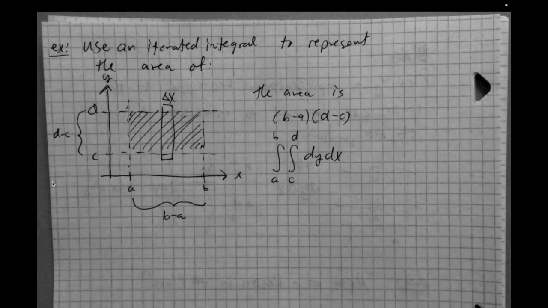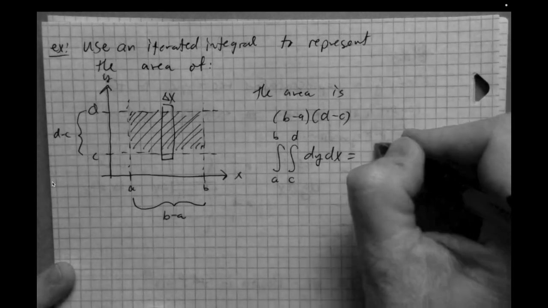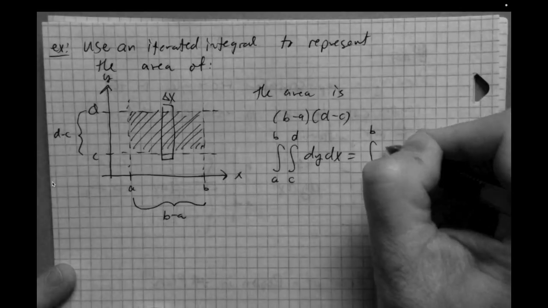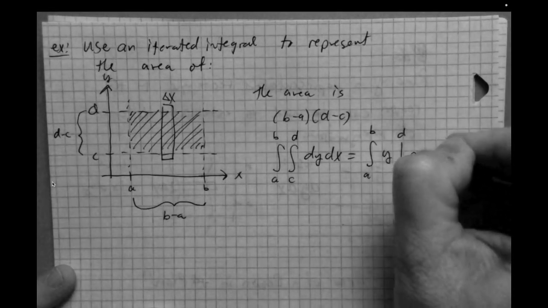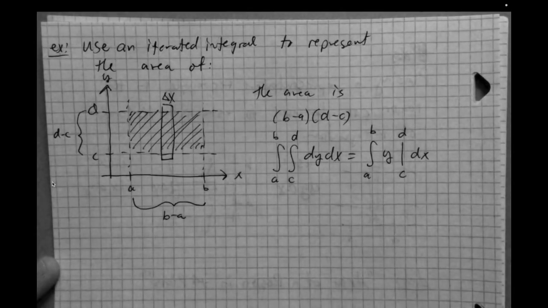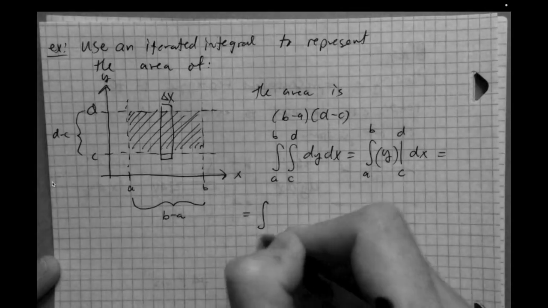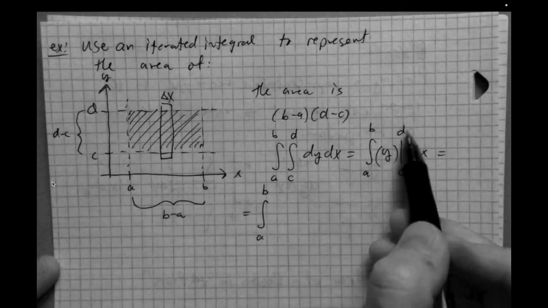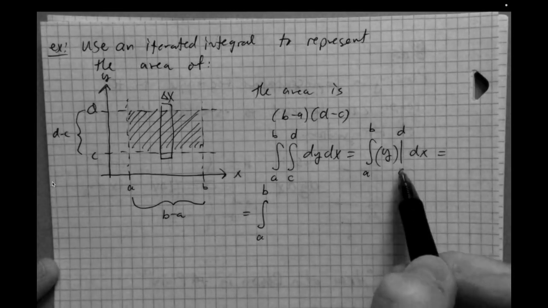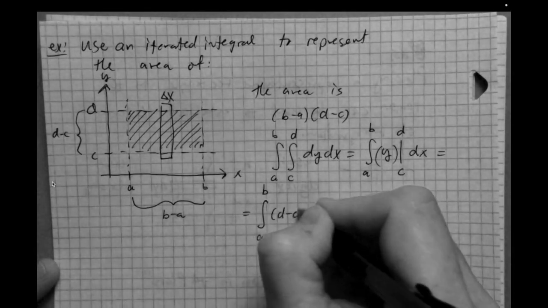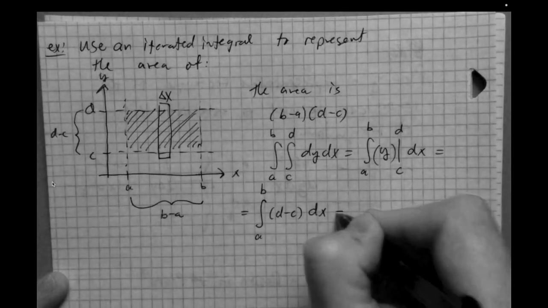Does it actually produce the right area, though? Well, let's see. If we integrate this, this would be the integral from a to b of y from c up to d, dx. And so that means this will be the integral from a up to b, and if I evaluate this inside integral, this is just going to be d minus c. And then can I evaluate this?